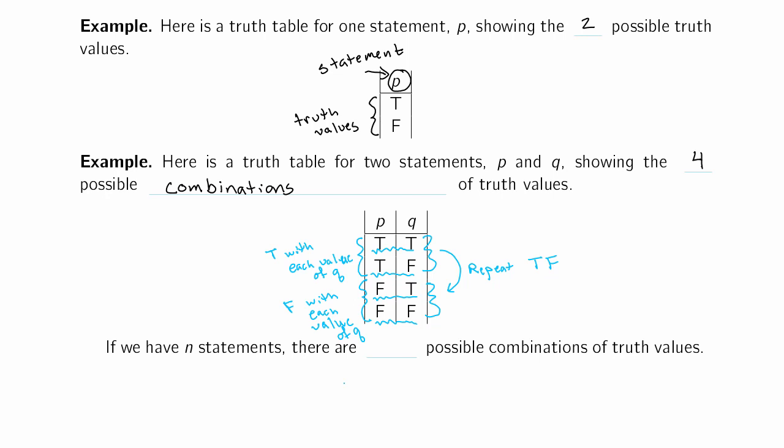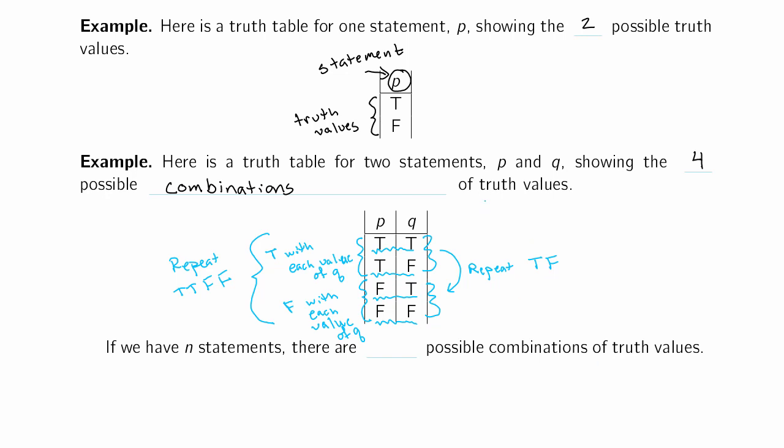You might be wondering, okay, well, what if we had 3 statements? Well, if we wanted to put in another statement, the P column would repeat true, true, false, false. If we had more than 2 statements, we would keep repeating true, true, false, false down the P column.